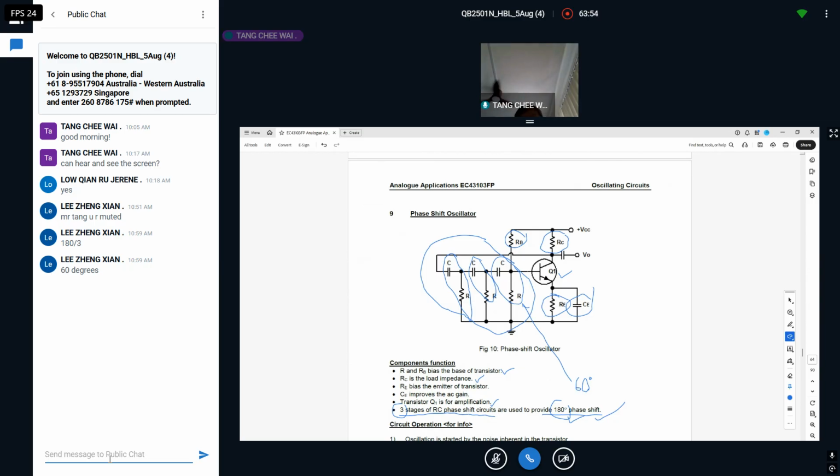So that block diagram is helpful to come back and relate to here. This whole block here is actually the feedback, whatever output is coming back to the base.